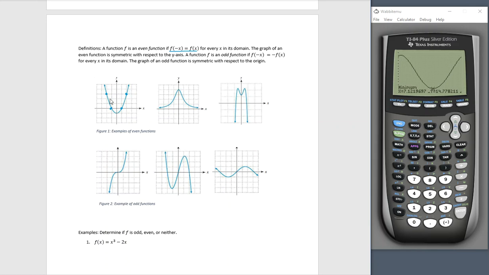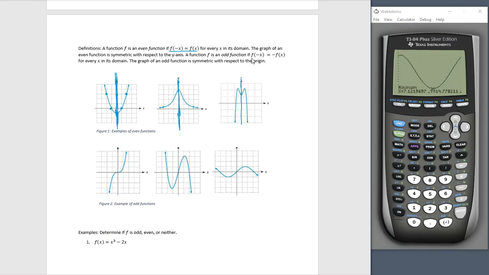But the symmetry: if you draw a line right down the middle, right down here on the y-axis, and then I fold one side over the other, it's a mirror image. So when I fold it on the y-axis, do I have a mirror image? Why, yes, I do. Mirror image on left and right. But we can also see that if we put in 3, or 1, 2, negative 3, we end up with the same height on the graph.